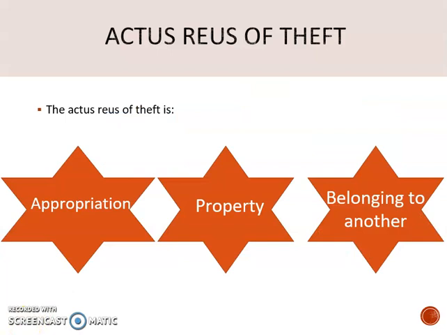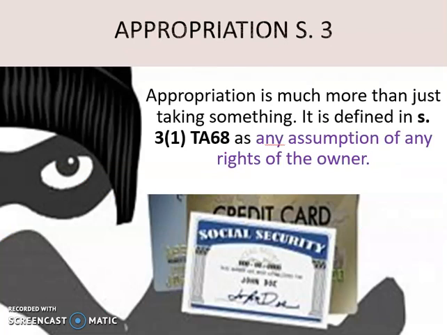So if we just take the actus reus on its own then, we need to understand what appropriation, property and belonging to another mean. So let's start with appropriation. Our common understanding of the word appropriation is probably just takes. To appropriate means to take. But section 3 of the Theft Act shows that appropriation is actually much more than just taking something.